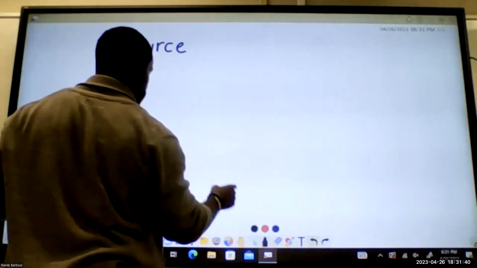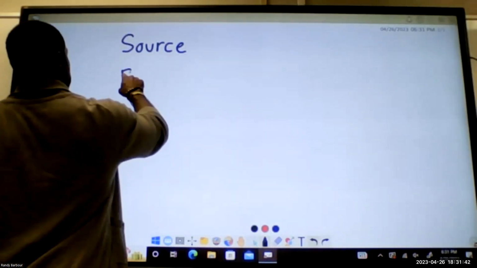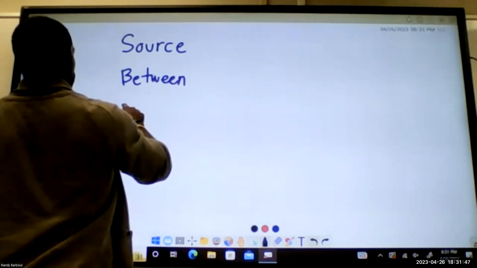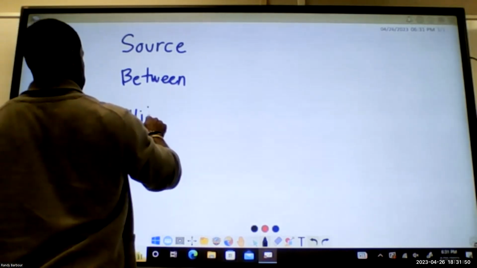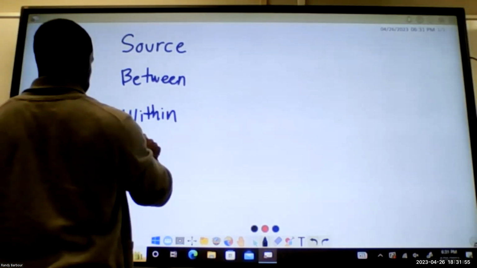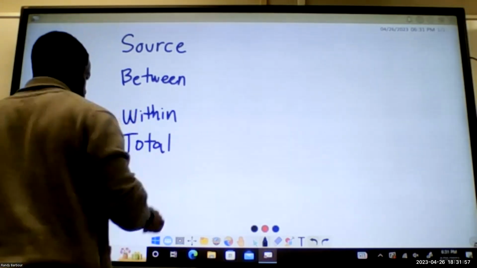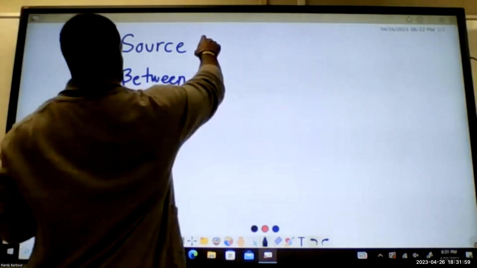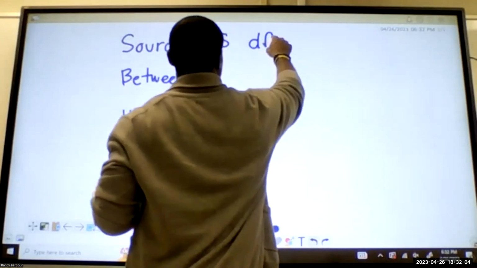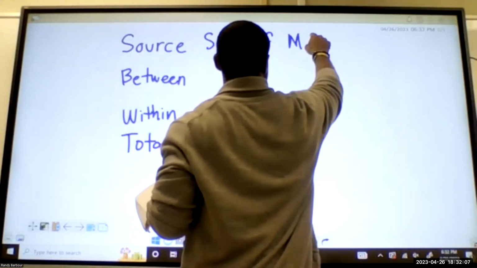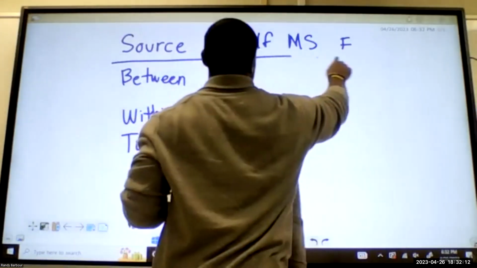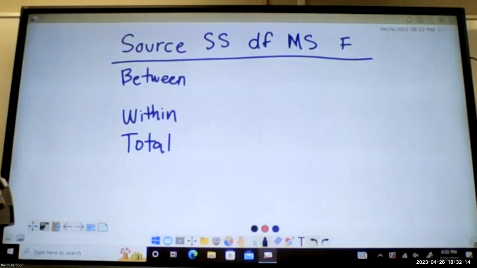We also have our sum of squares, our degrees of freedom, our mean square, and then our F ratio. Okay? So I'm just going to draw a line there, and this is where we go.